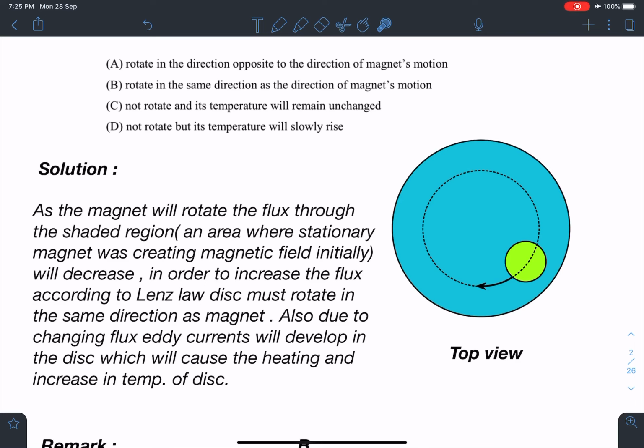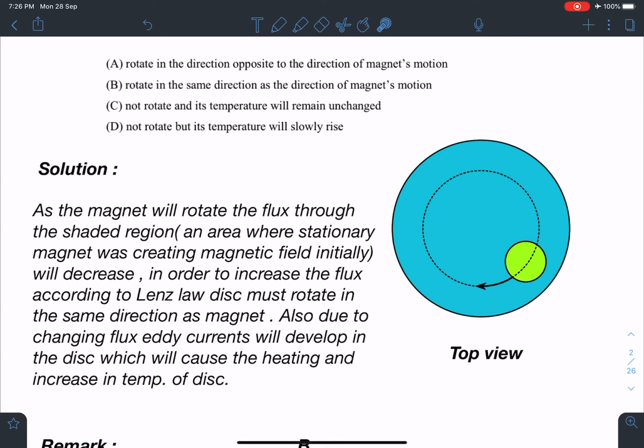So the tendency of these two parts will be to maintain the flux. In order to maintain that, the disk will start rotating in the same direction as the magnet, and the reason for that is it will reduce the flux through the blue part, and it will try to increase the flux through this green part, a small circular area.